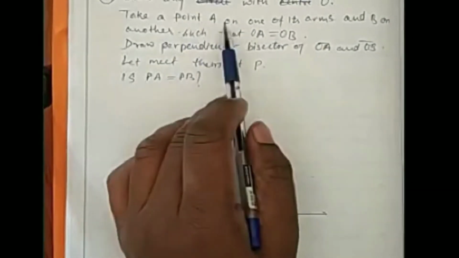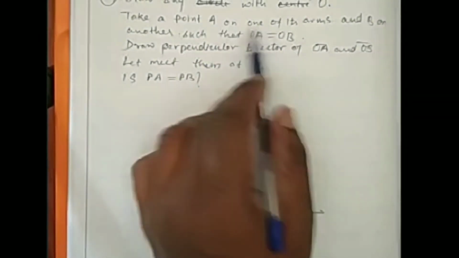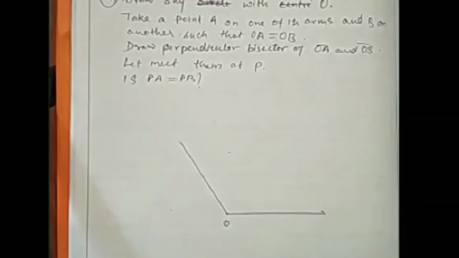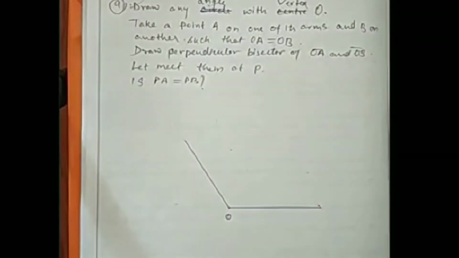Take a point A on one of its arms and B on the other arm. It means the distances of A and B from O should be the same. So do one thing: open the compass to any radius.